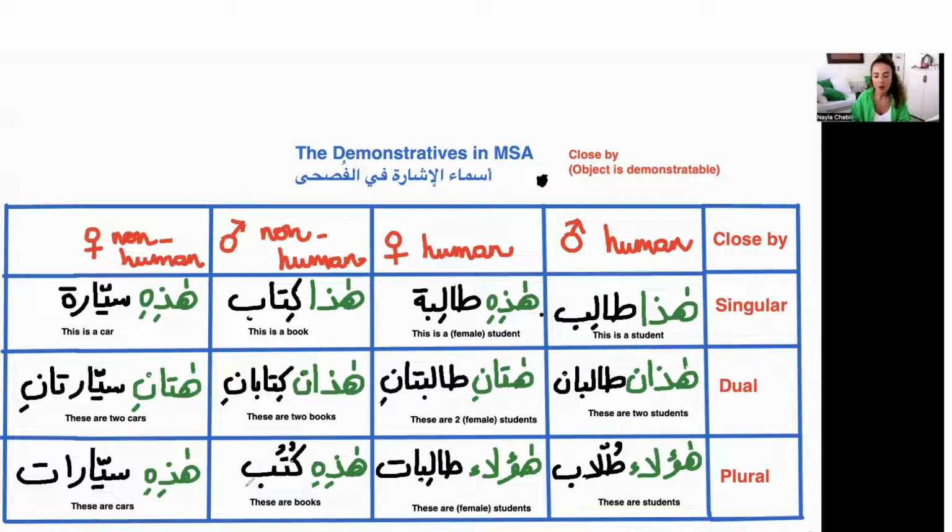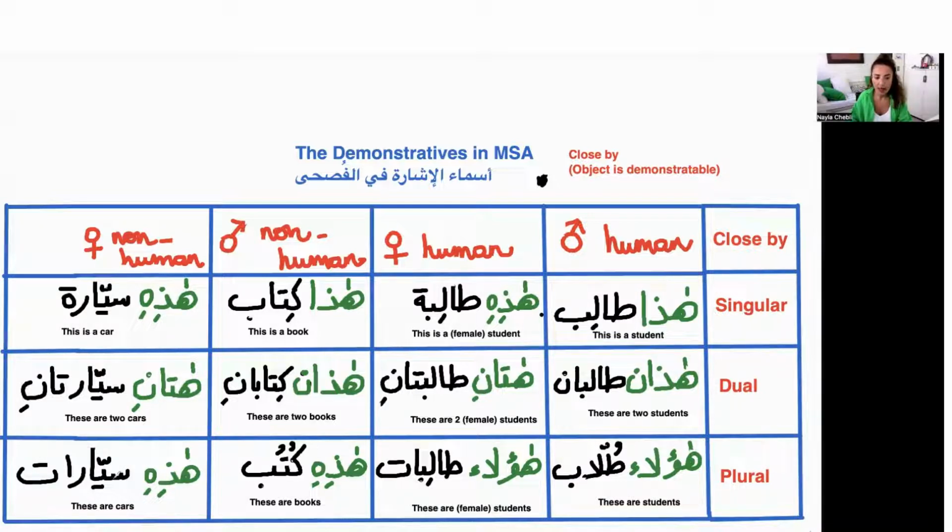If my object is a plural non-human, masculine, I use هذه. So here I use the feminine singular demonstrative for a plural non-human. I'm going to use the same one again if my plural non-human is feminine.